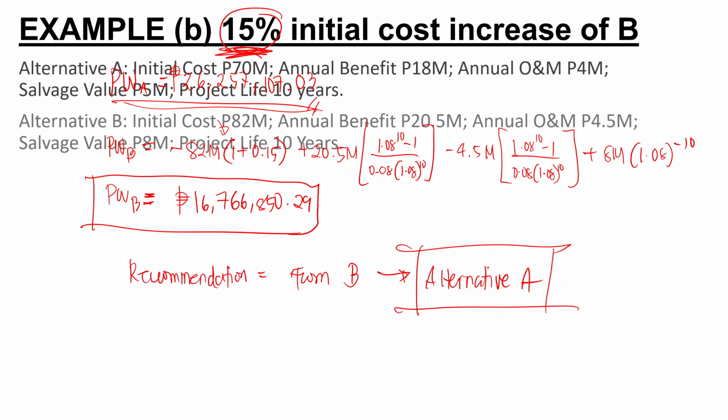In the next scenario, we do not apply this. The next scenario is distinct from the other one. So here we only increase the MAR, from 8% to 12%.